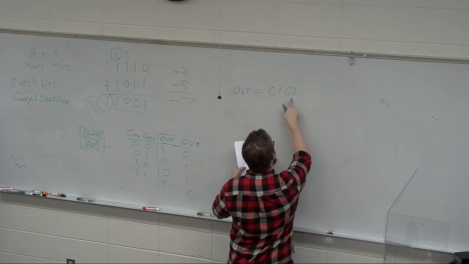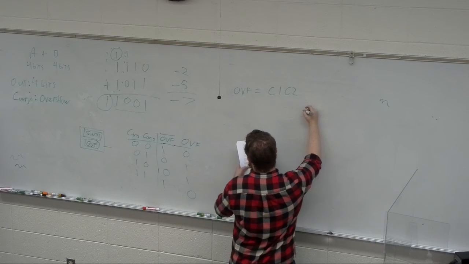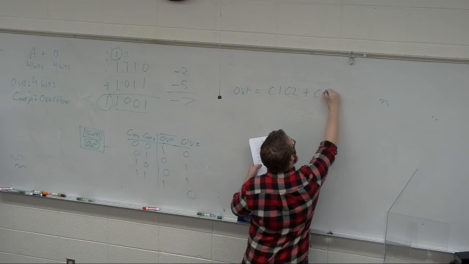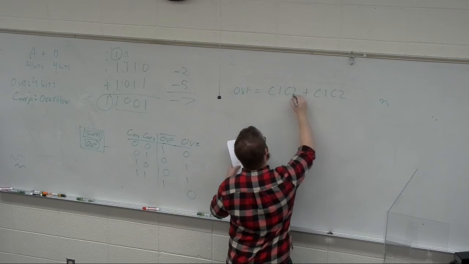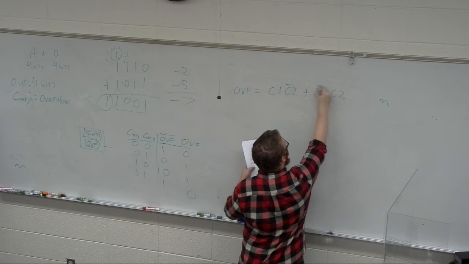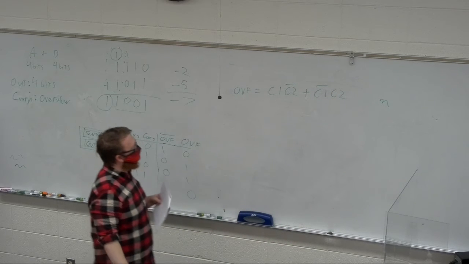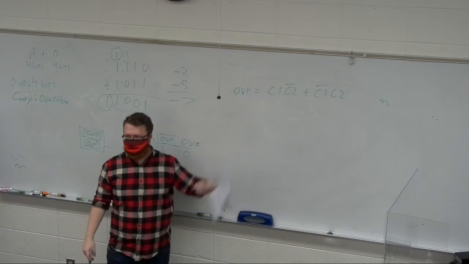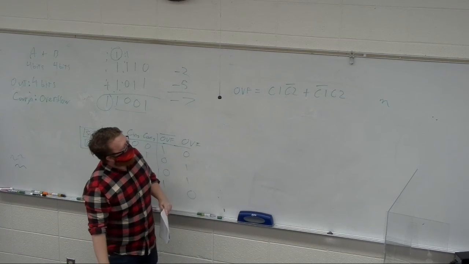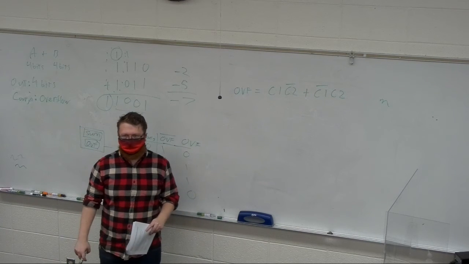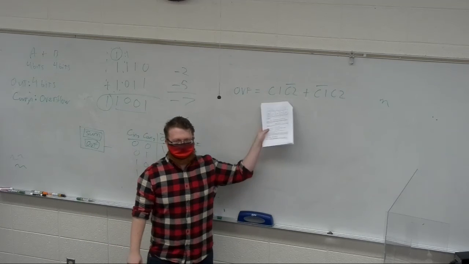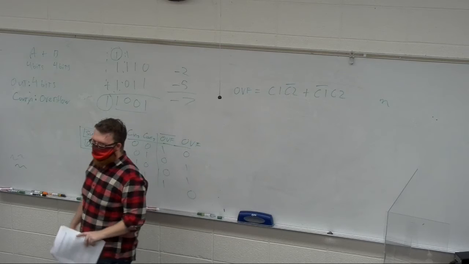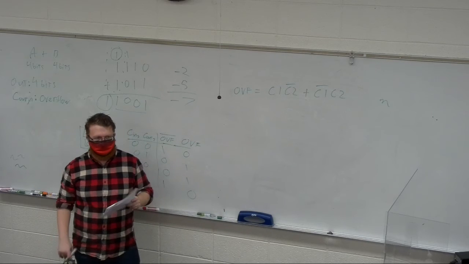C1 is carry in, C2 is carry out of the last one. But unless I did something completely insane, that's just an XOR. Anytime I see something like this, I start suspecting that it's either an XOR or an XNOR. And then you can just draw the truth table to find out.